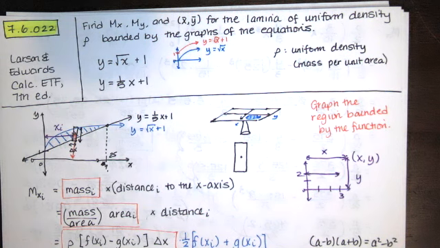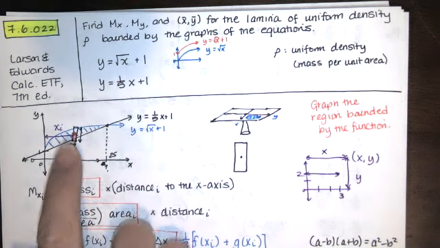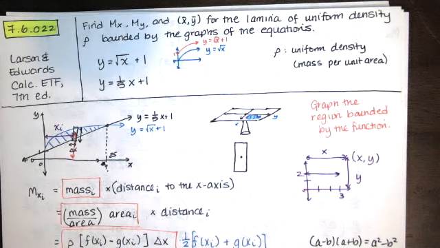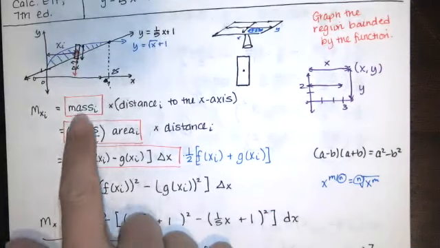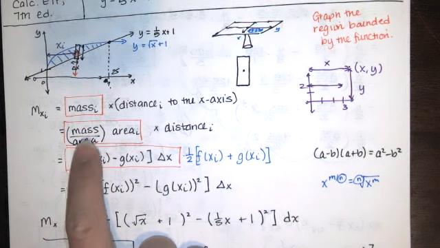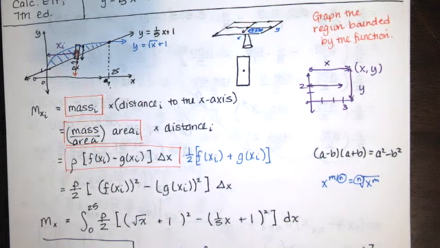Now, to find the moment about an axis for that particular piece, you're always going to take the mass of that piece and multiply by the distance to that axis. The mass will always be the density times area. Most of the time in textbook problems, the density is just rho. It's mass per unit area, and it's not even given as a function of x most of the time.